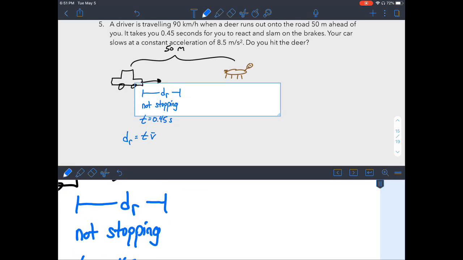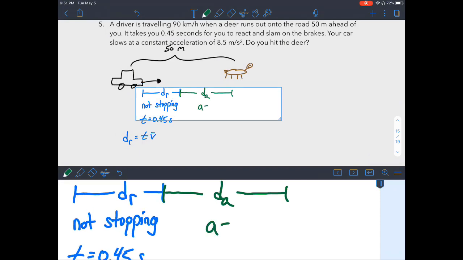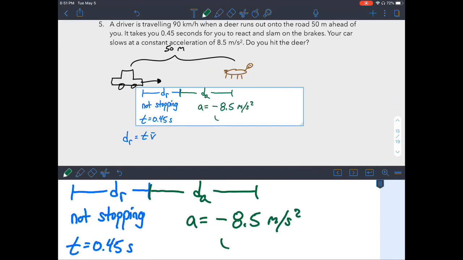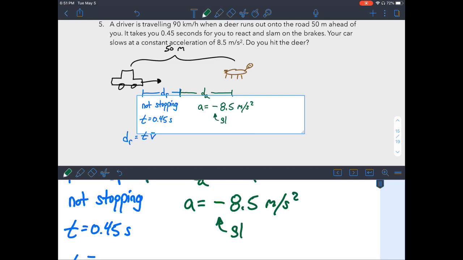The second part of this is once we start actually slowing down, I'll call this dA, we're still going to travel. Yes, we're slowing down, but now we have an acceleration of negative 8.5 meters per second squared. That negative is very important because we are slowing down. So there's two parts to this question.